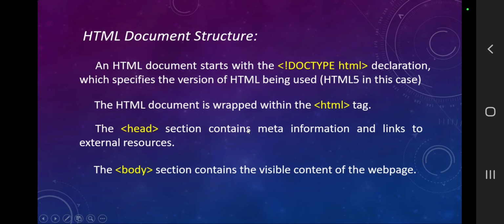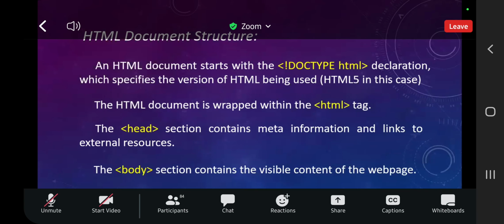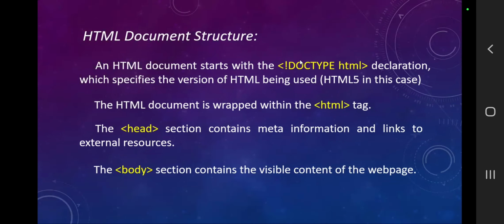The head tag contains meta information and links. If I want to know a person, I should see their face first. If I want to identify a person, I can identify them by looking at their face.